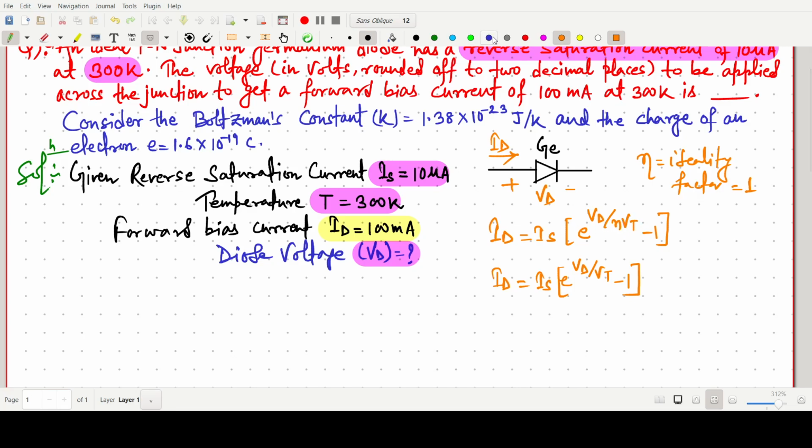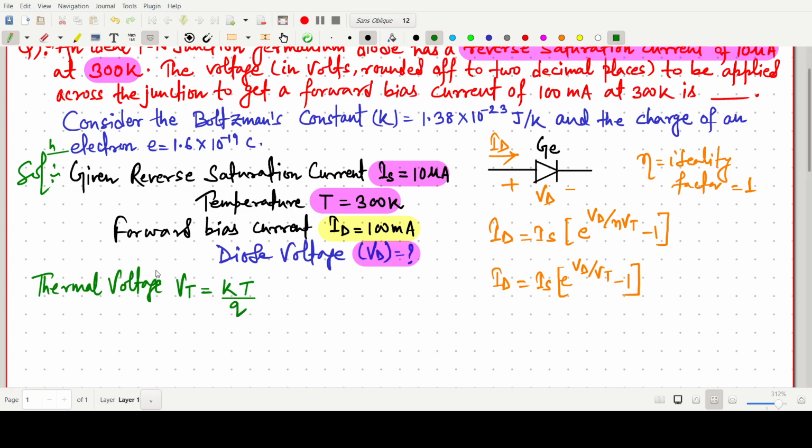So first we will find the value of Vt, that is our thermal voltage. So thermal voltage, that is our Vt, is nothing but simply Boltzmann's constant k, kT by q.